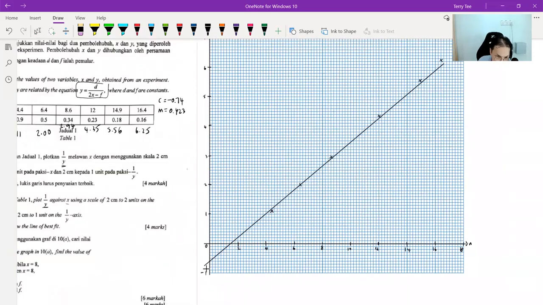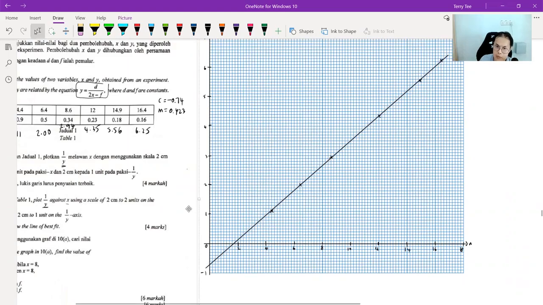This is 0.7. I will move this up a little bit. You see? So it's quite nice. It passes through almost every single point. Almost, not all. We have 2 points below here, so I'm going to move this down a little bit.